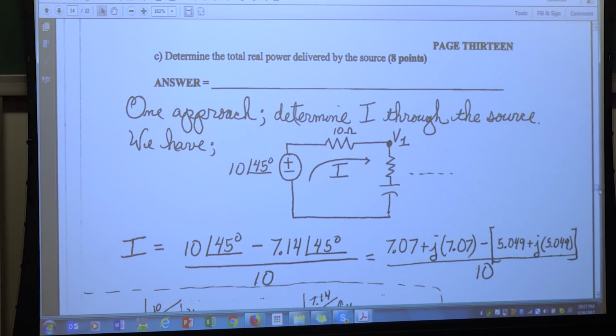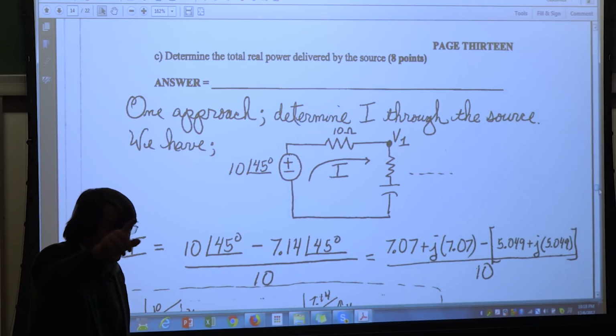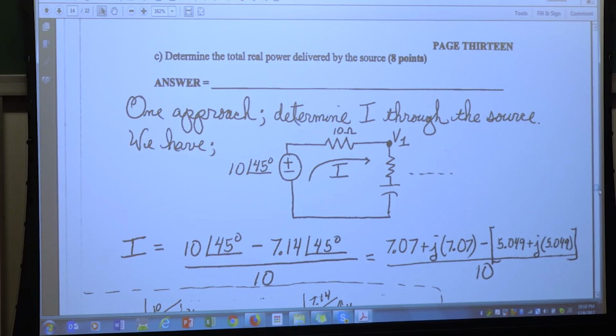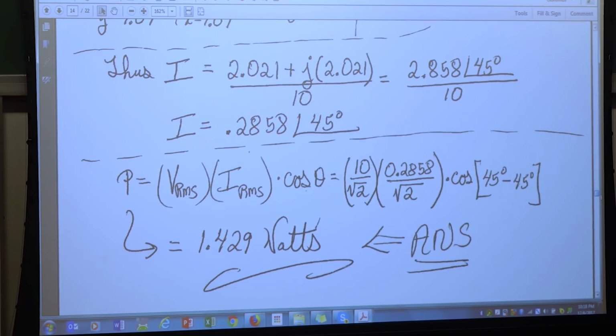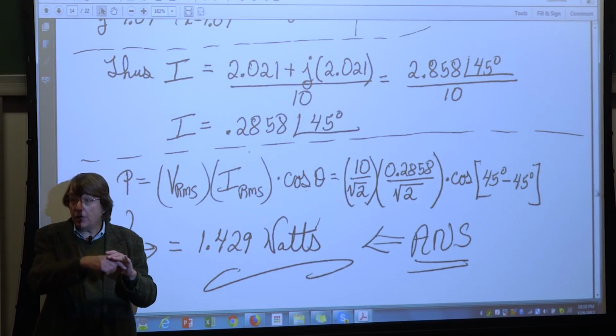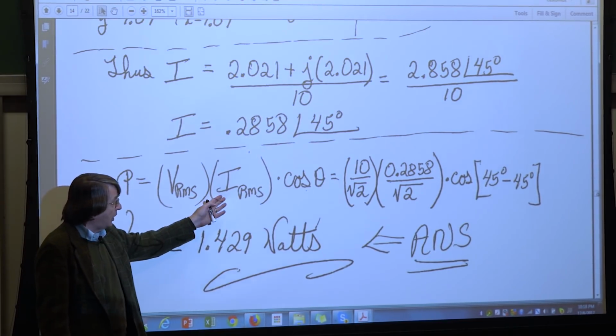Real power delivered by the source is VRMS, IRMS, cosine theta. So I say, all right, just remind me of that. Now we calculate I. And then we have I here. By the way, I'm using this formula because I know V and I know I. So it's VRMS, IRMS.